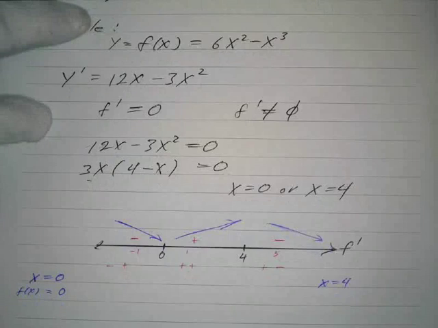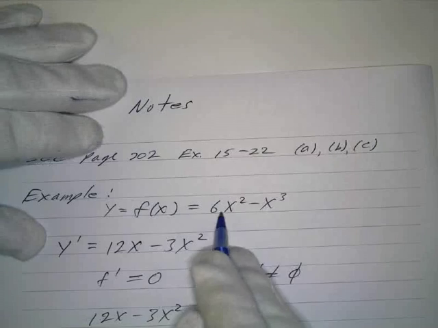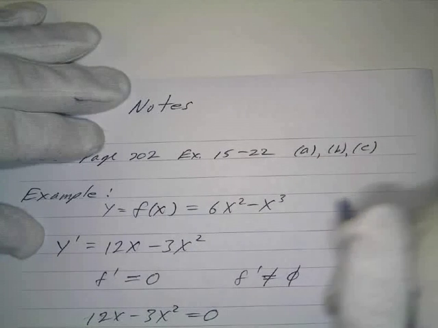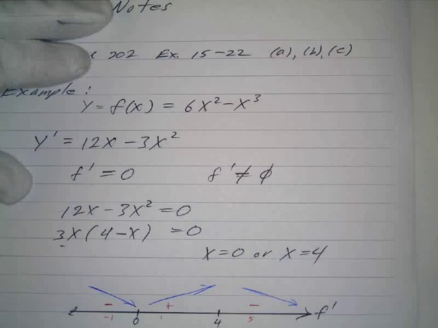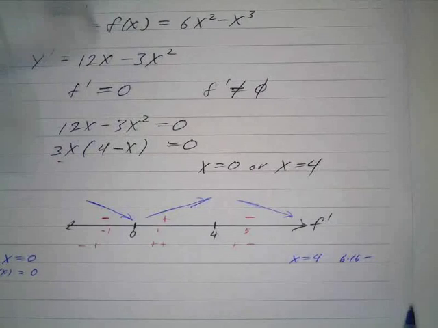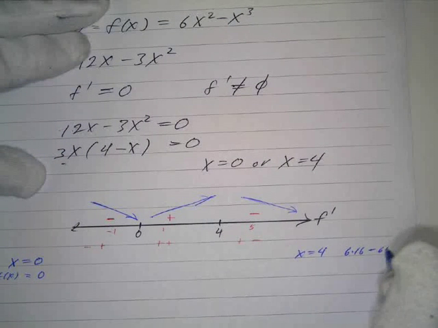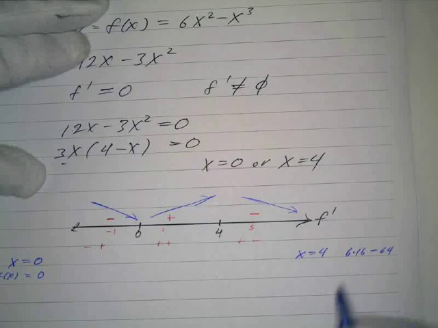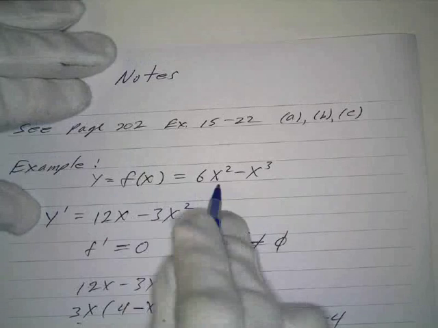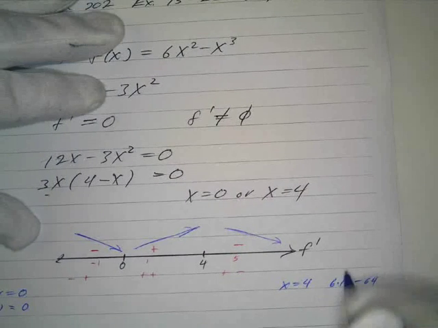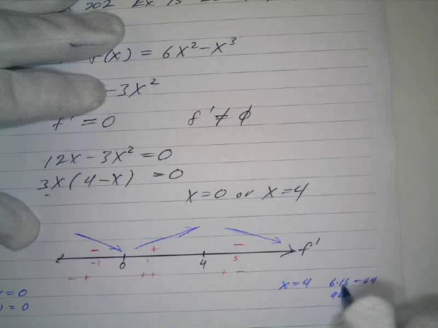I'll have to put that value in, and if I put that value in here, geez, it's going to be 6 times 16 minus, and then what's 4 cubed? 4 times 4 is 16 times 4 is 64. So 6 times 16, so I just put 4 in there, I just did f of 4. And that's going to be what, 96? 96, yeah.